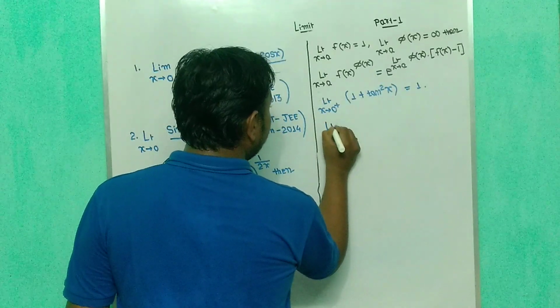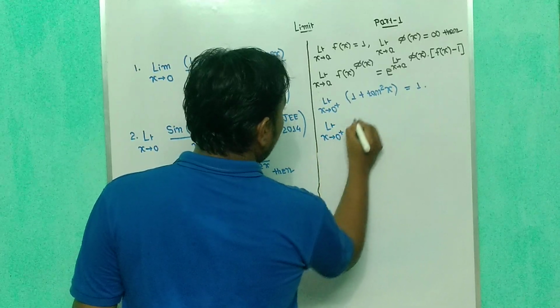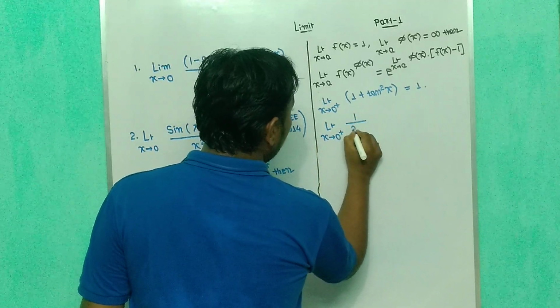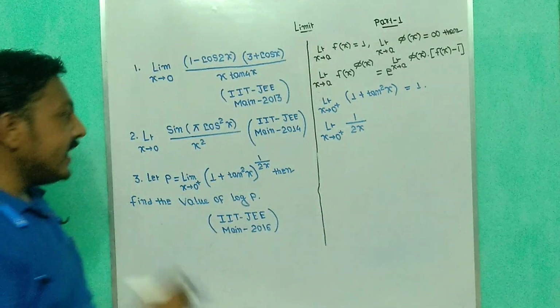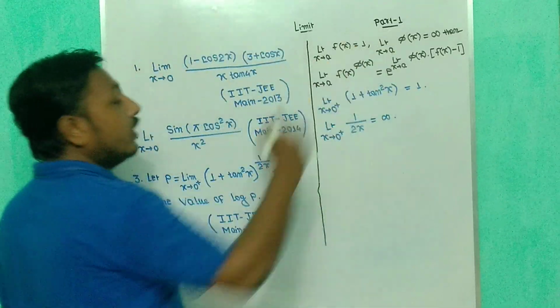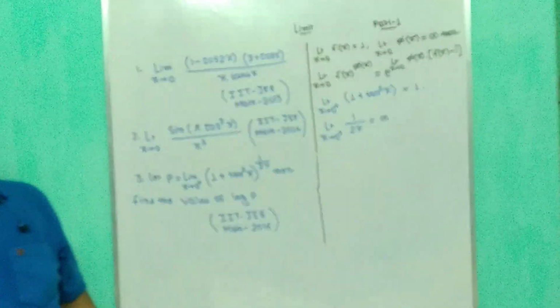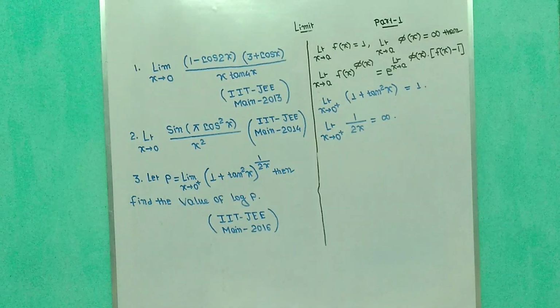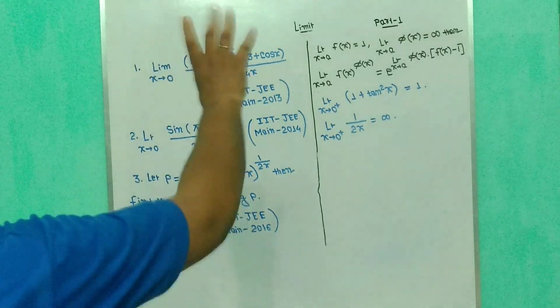So limit x tends to 0 plus 1 divided by 2x. So 1 by 0, that means infinity. So this condition holds. That means limit x tends to a f of x equals 1, and limit x tends to a phi of x equals infinity.